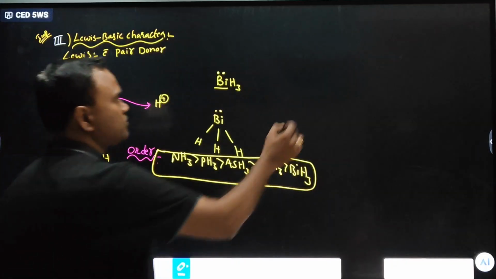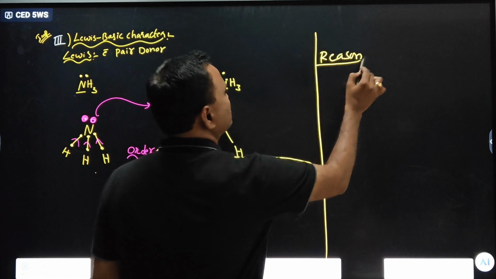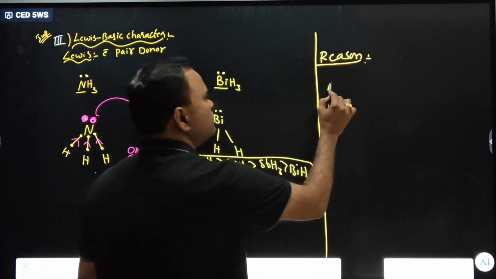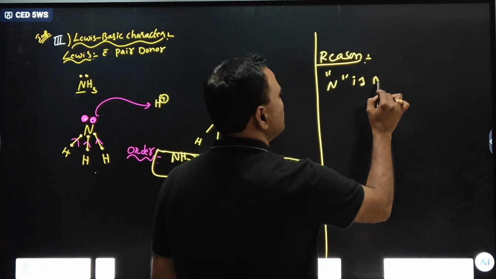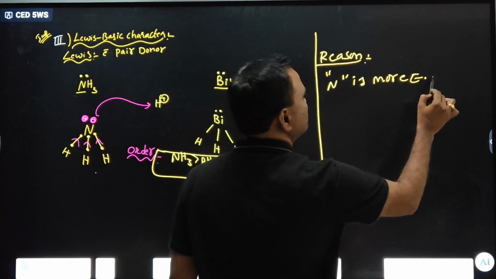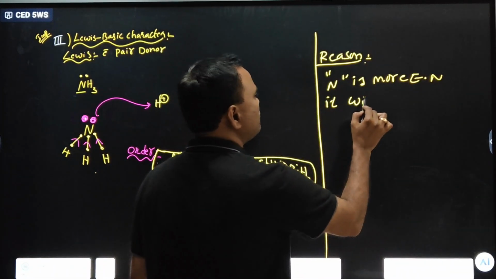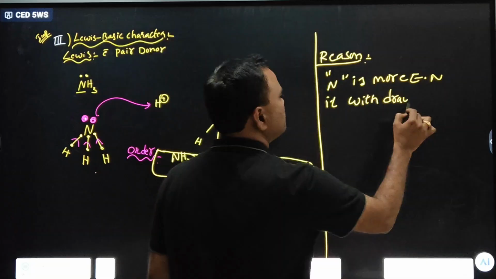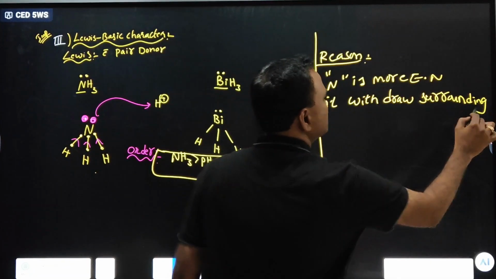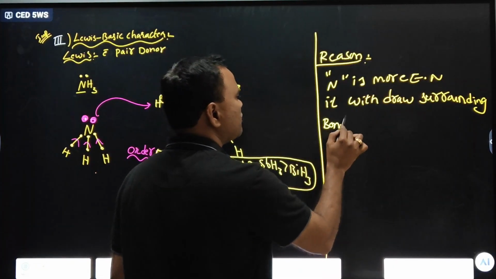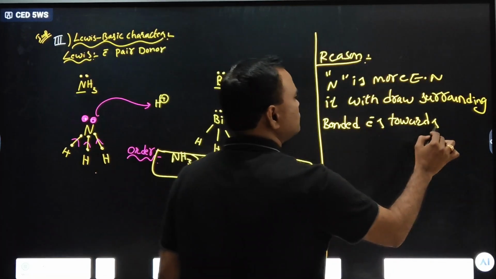Once write the reason for important concepts. Reason. Nitrogen is more electronegative. It withdraws surrounding bonded electrons towards itself.